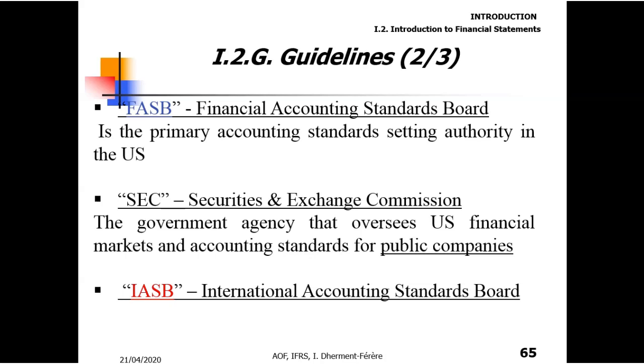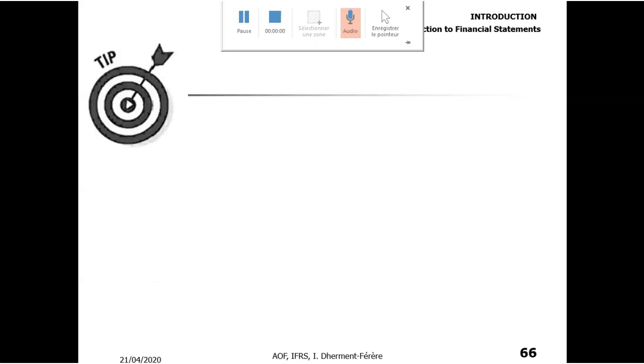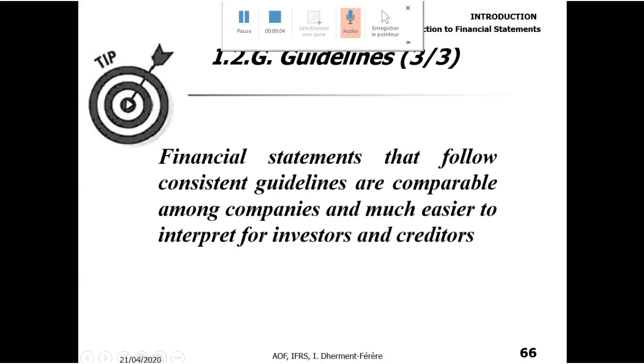IASB, International Accounting Standards Board, is a primary accounting standards setting authority for several countries outside of the US. So, financial statements that follow consistent guidelines are comparable among companies and much easier to interpret for investors and creditors.